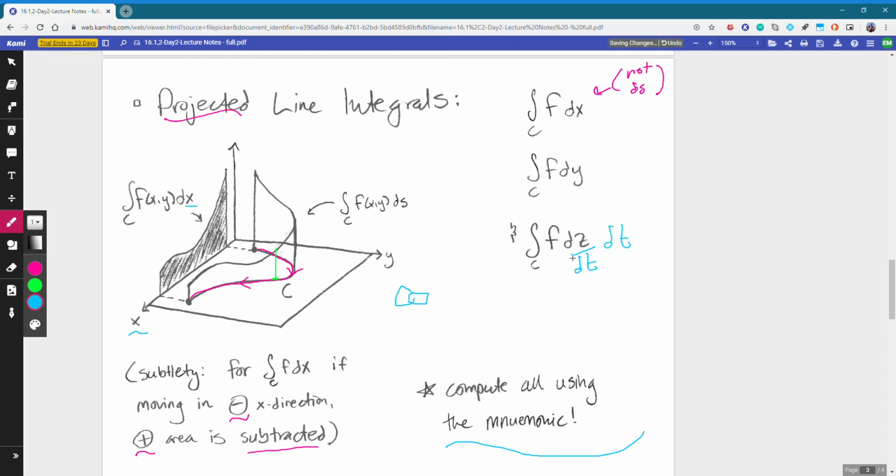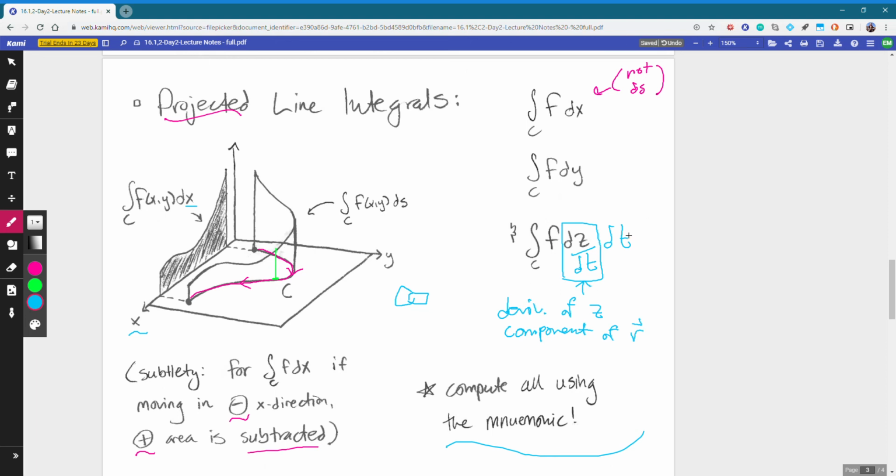And right there would be exactly how we would compute this line integral. Here, dz dt would mean literally the derivative of the z component of our parametrization.